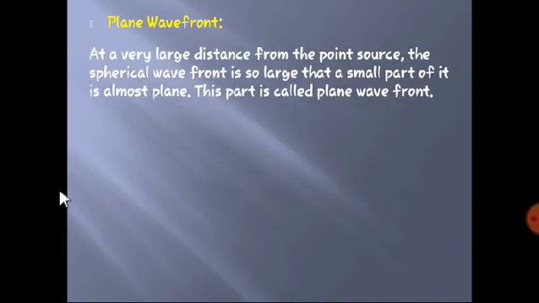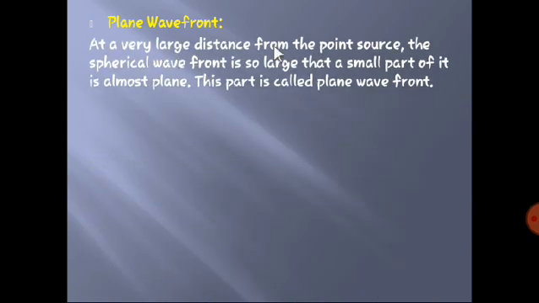See, at a very large distance from the point source, the spherical wavefront is so large that a small part of it is almost plane. This part is known as a plane wavefront. I am repeating again: at a very large distance from the point source, the spherical wavefront is so large that it looks like a plane surface, and so it is called a plane wavefront.